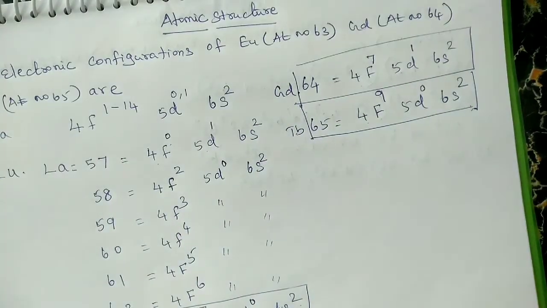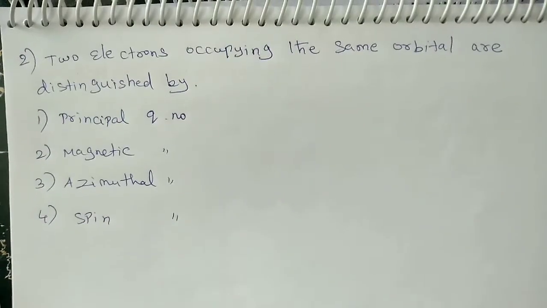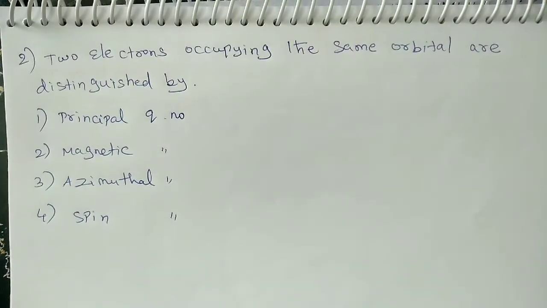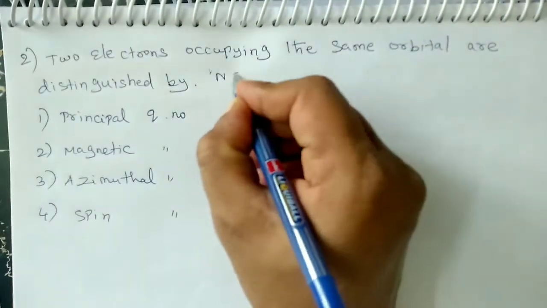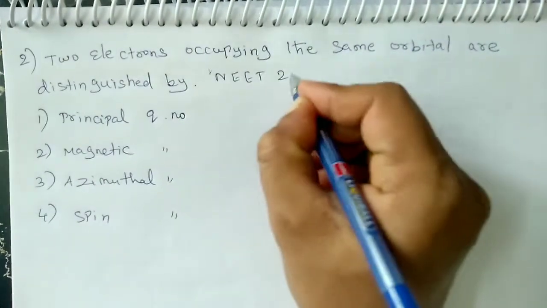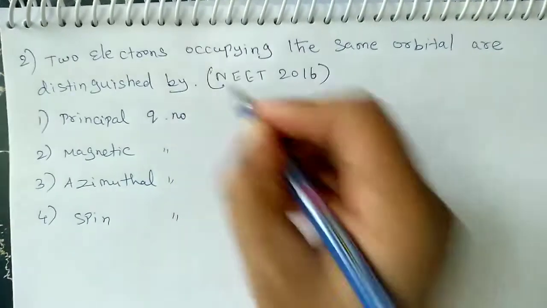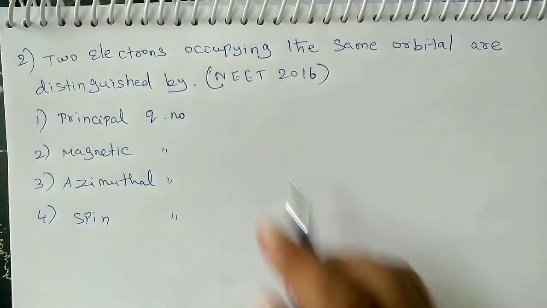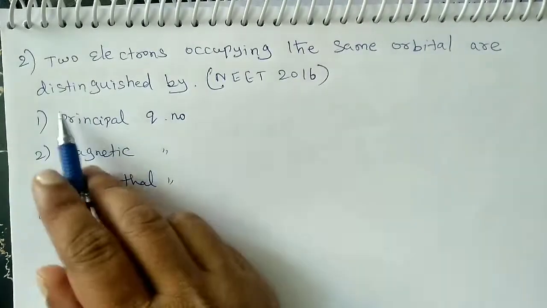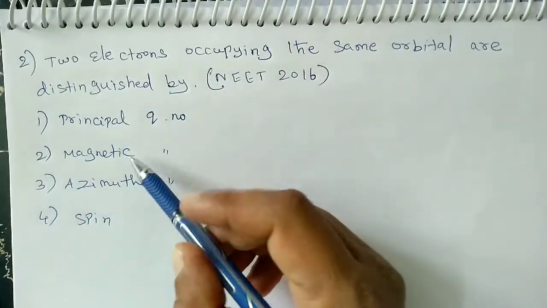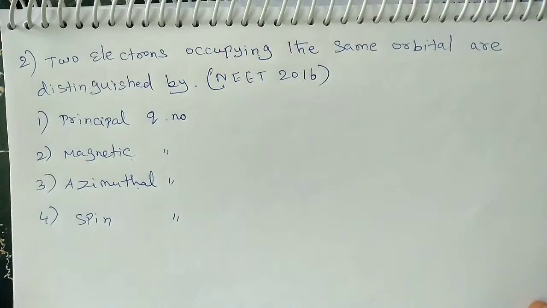Okay, that's all. Next is question number 2. The two electrons occupying the same orbital are distinguished by. It is also a NEET 2016 question paper, the first batch of NEET question paper. The options are principal quantum number, magnetic, azimuthal and spin quantum number.